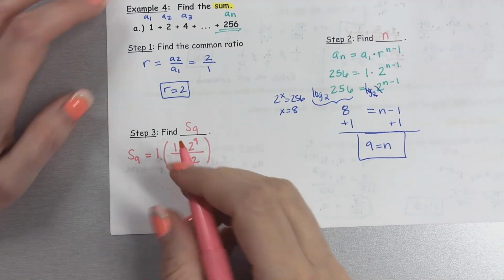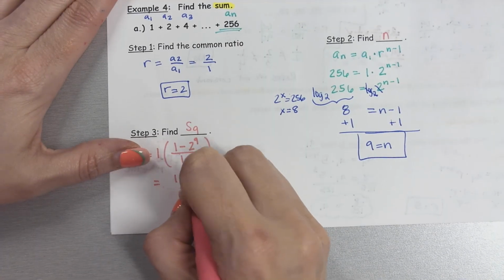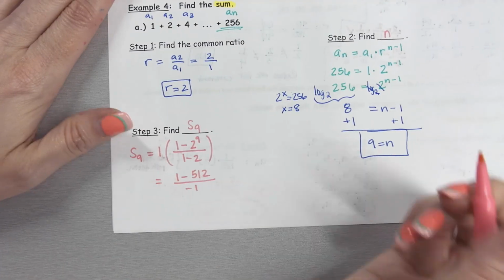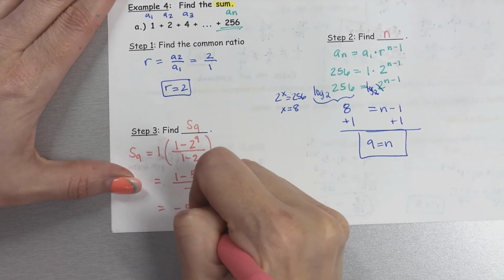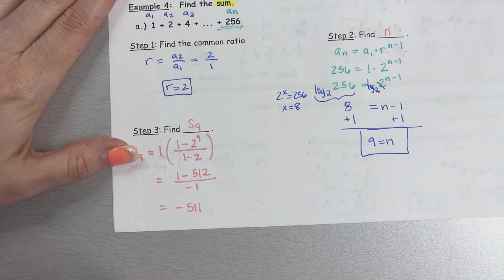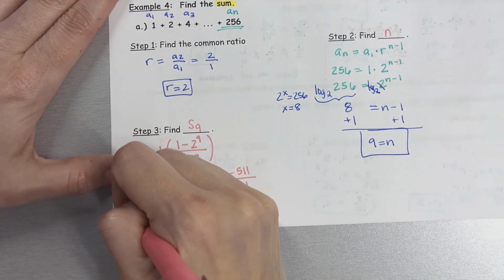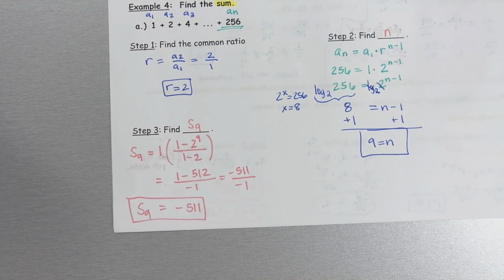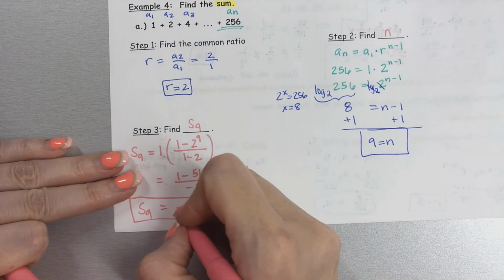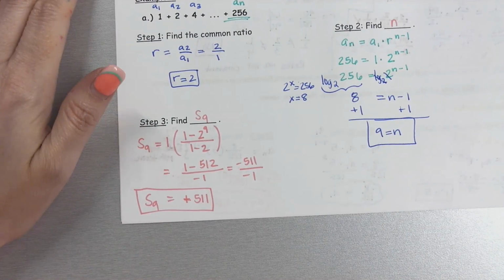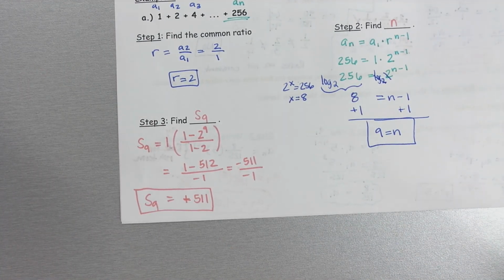So what's 2 to the 9th going to be? 512. Double 256, and you just divide it by negative 1. So this is going to be 1 minus 512, and with the negatives, it becomes a positive 511.